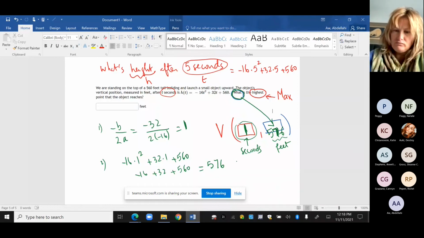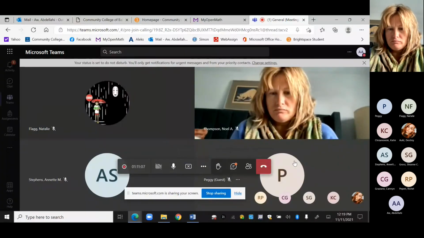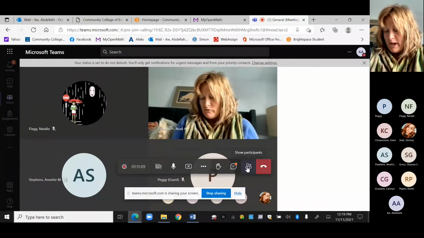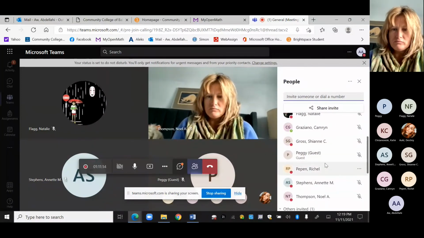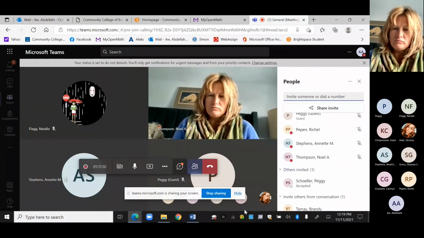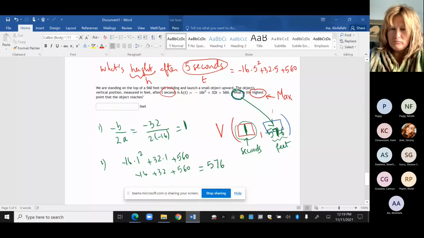Now, if I ask you, what is the maximum height? What's going to be your answer? 576. When do we reach the maximum height? After how long? 1 second. After 1 second, right?